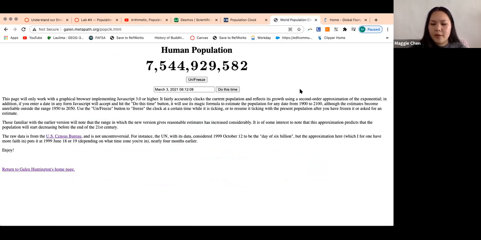This is made by a professor at UC Berkeley. We saw the population clock before; this one takes into consideration a little bit more specifically, at this point in time, what the human population is. And you can go back in time or forward into the future.